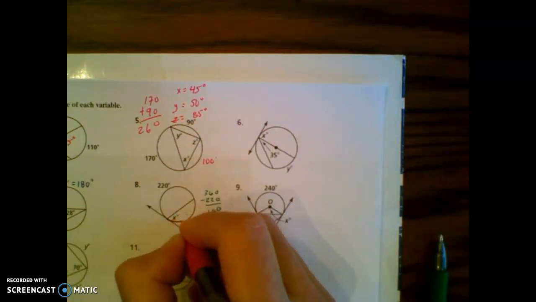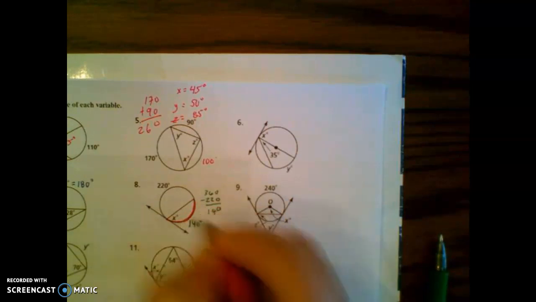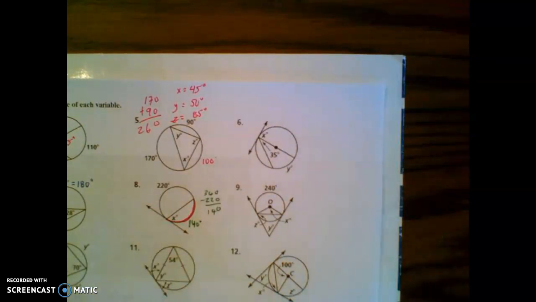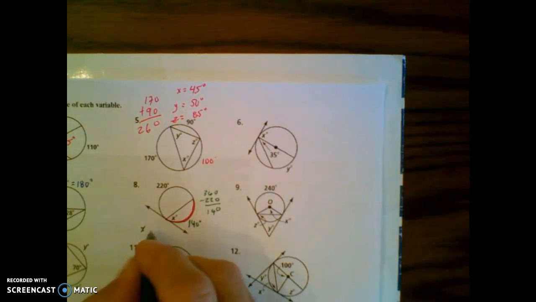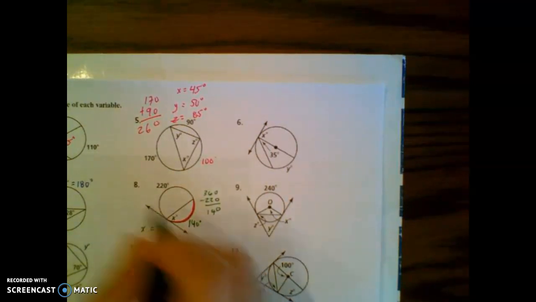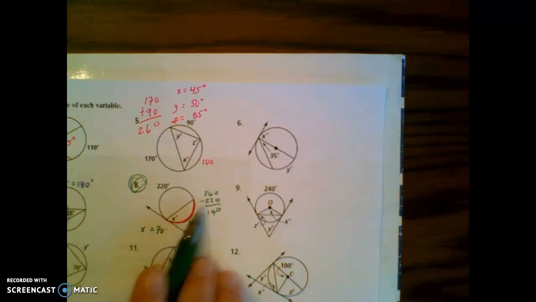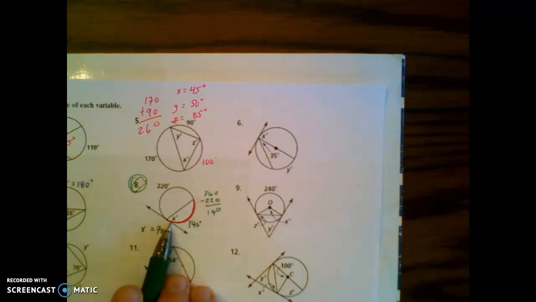The intercepted arc would be right here, and that's 140 degrees. This is going to behave just like an inscribed angle. You're still going to take half, so X would have to equal 70 on this one. This one often confuses kids, so I'd keep an eye out for that. If you have a tangent and a chord like that, you still take half of the arc, just like an inscribed angle.